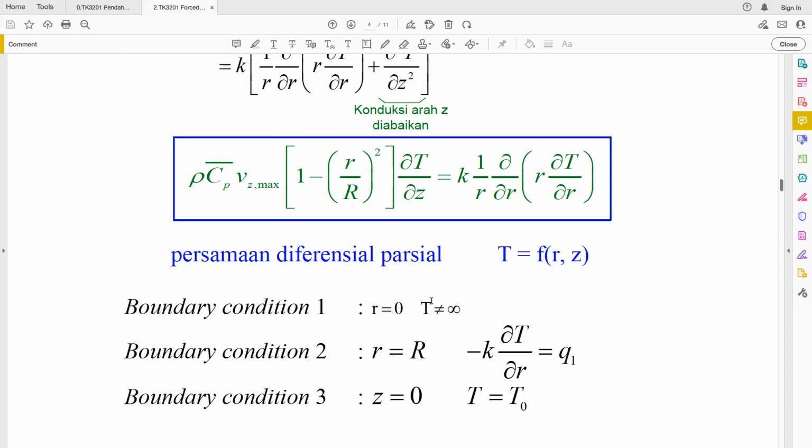This is very important because sometimes when we derive it, usually R would be in the denominator. So when R is in the denominator, it is very important for us to say that T would be finite.